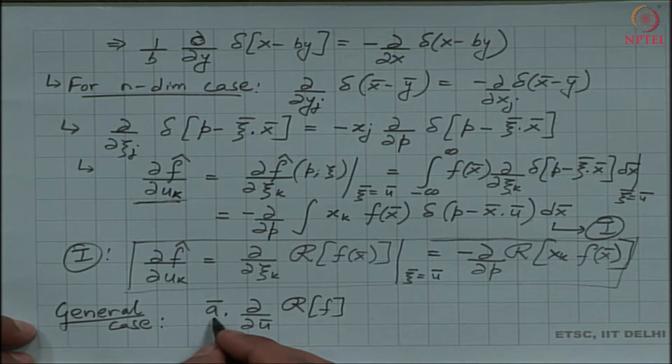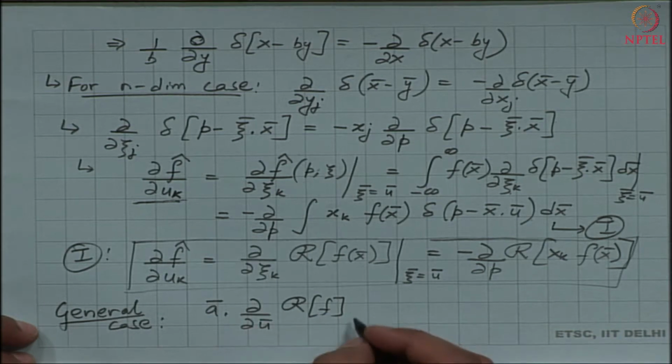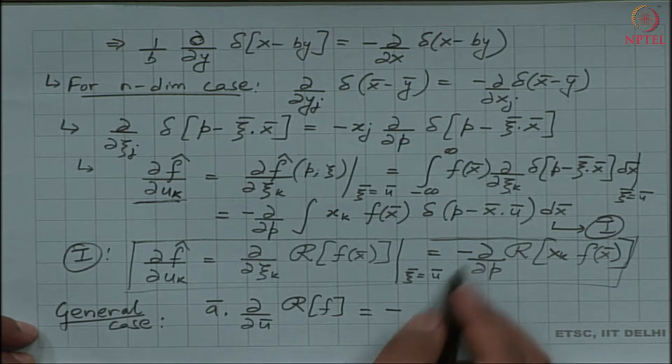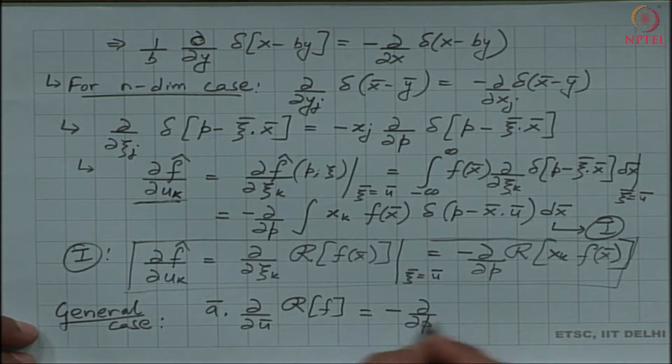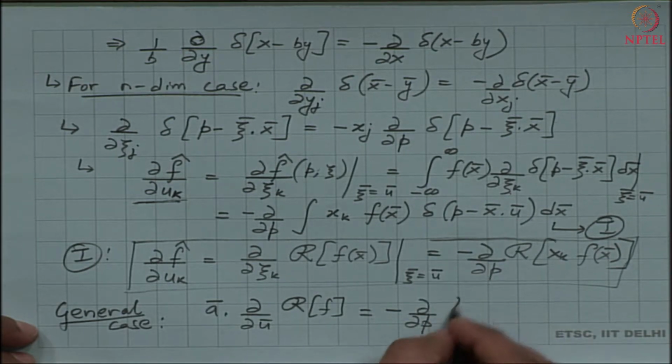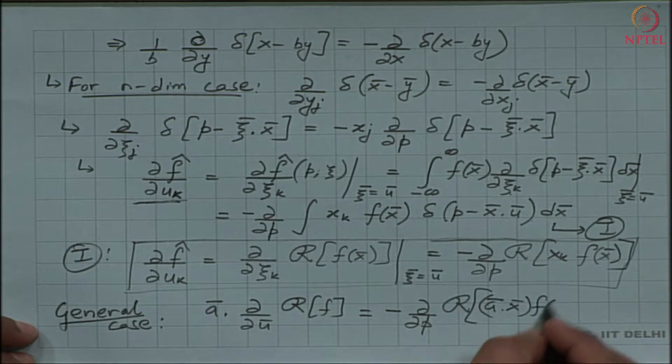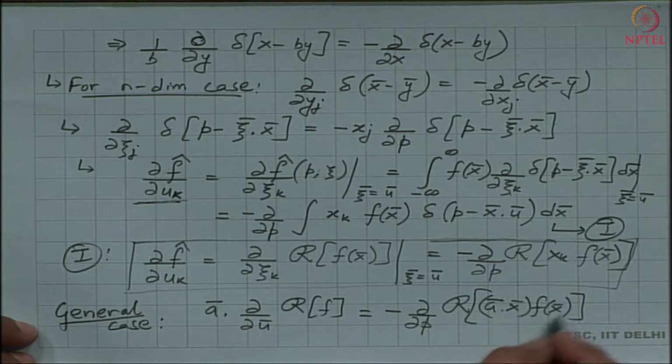So, suppose the vector is i hat, then I am taking the derivative with respect to the direction cosine along the x axis. So, the specific cases follow. This general result tells me that this is also equal to the negative of the derivative with respect to the variable p of the Radon transform of a dot x times f(x).